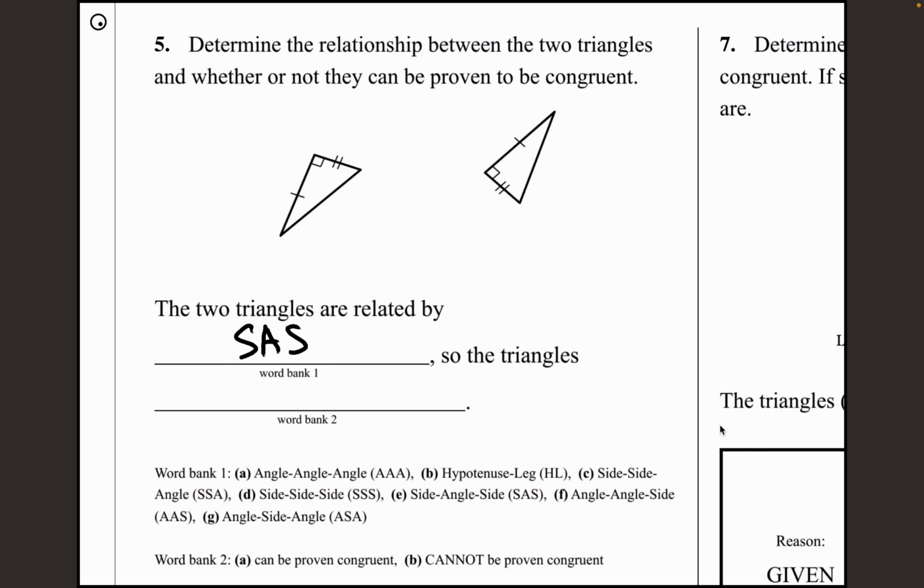Because we have side, angle, side. So don't let this one trick you, okay? We do not have the hypotenuse, so it's not hypotenuse leg. But it is SAS, so can it or can it not? It can, yeah.